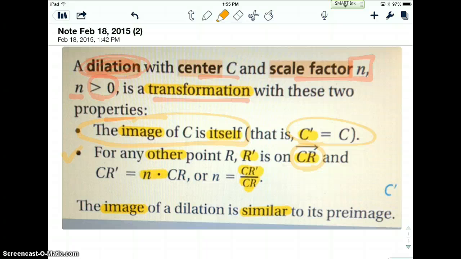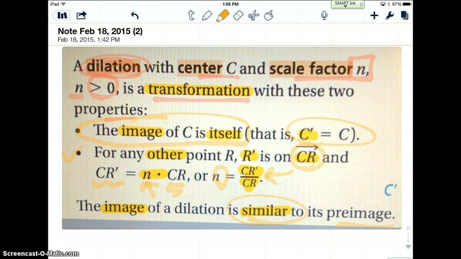And CR prime is equal to N, that scale factor, times the distance from C to R. Can you figure that out? Or you could say N would be equivalent to CR prime divided by the distance of C to R. And the image of a dilation is similar, like I said, to its pre-image.